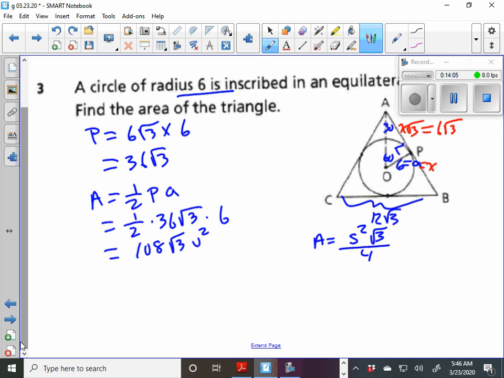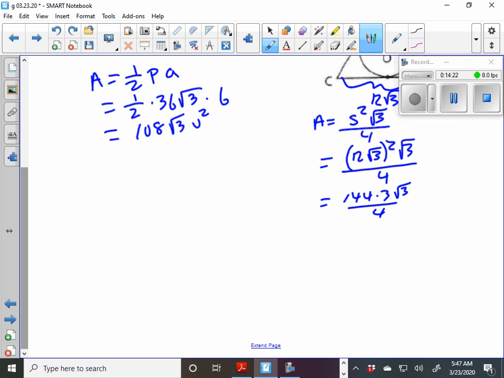And let's do this real quick. 12 root 3 squared root 3 over 4. 12 times 12 is 144 times 3 root 3 over 4. 4 goes into 144 equally, right? 36 times. 36 times 3 root 3, which will also give us 108 root 3 units squared.